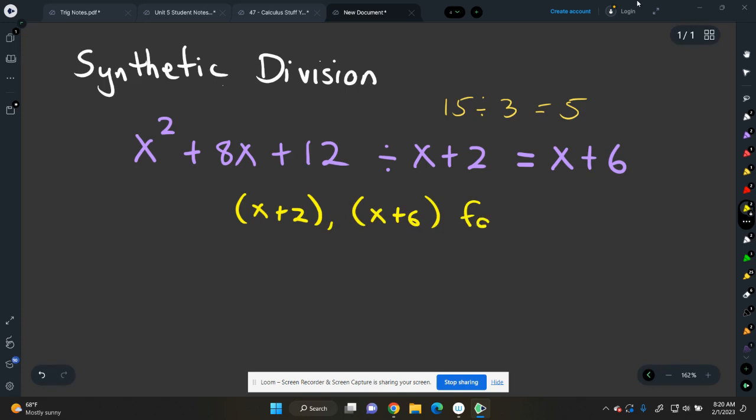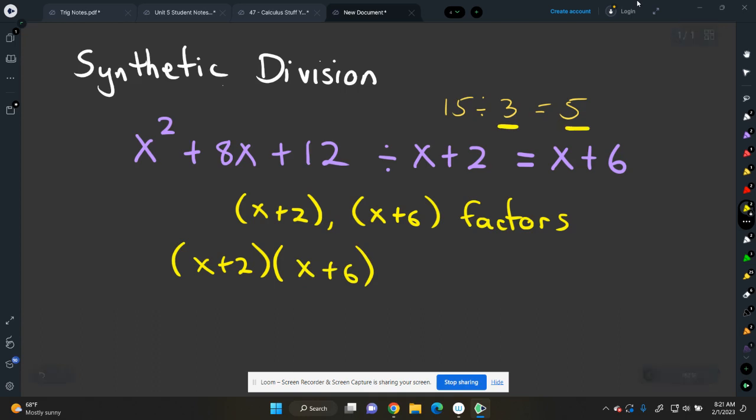They are factors, which means that x plus 2 times x plus 6, just like we did before, 3 times 5, what will that equal? There you go.